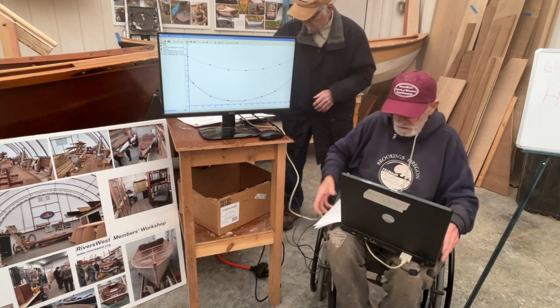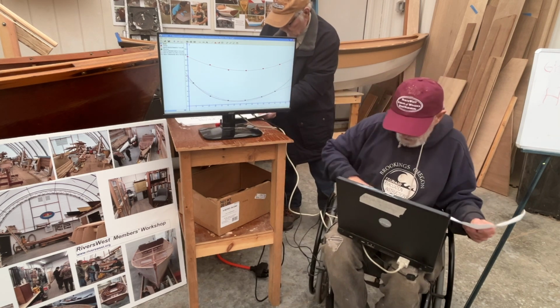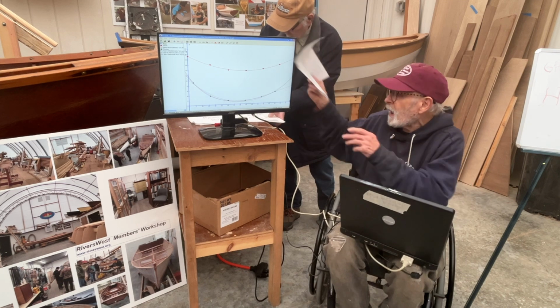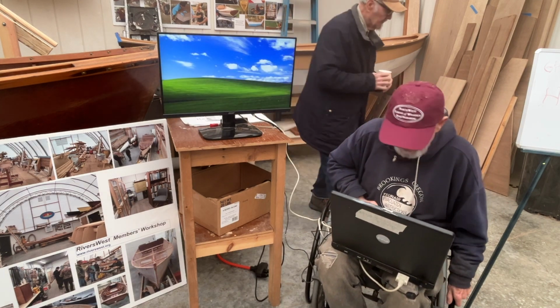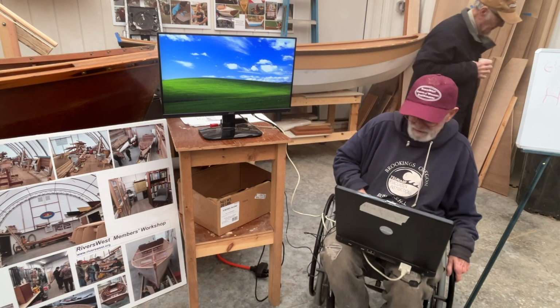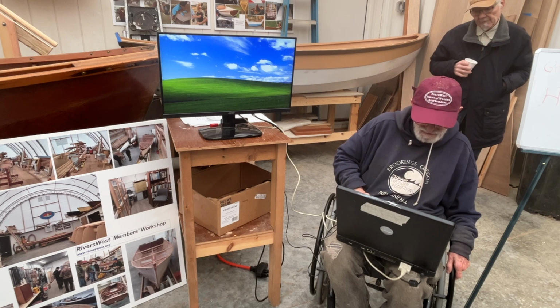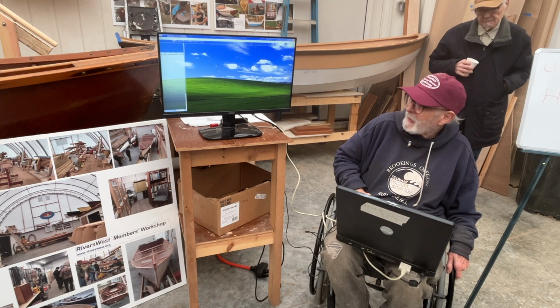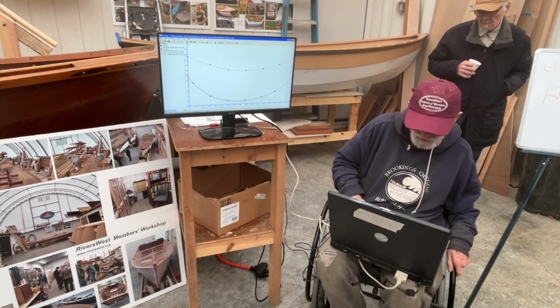In fact, let me get back to, because I've actually drawn the boat. Full size. Scale. Okay. No, I want graph.